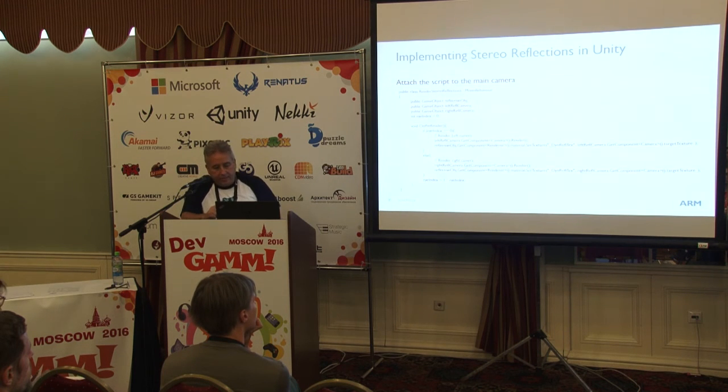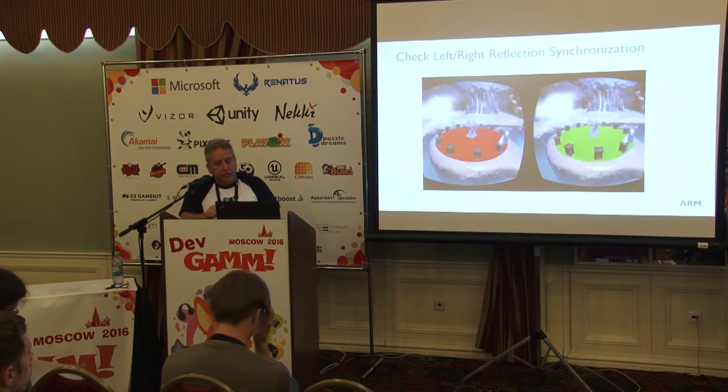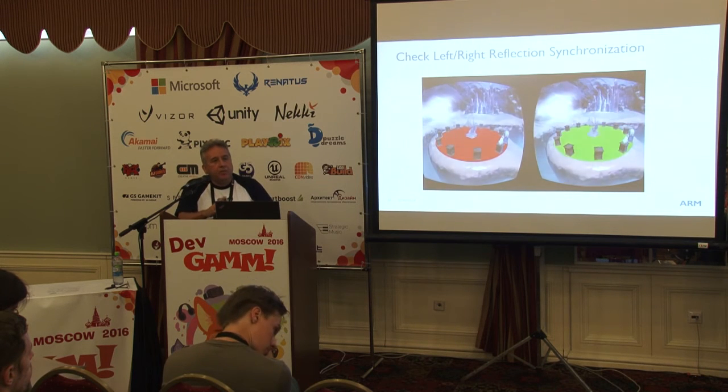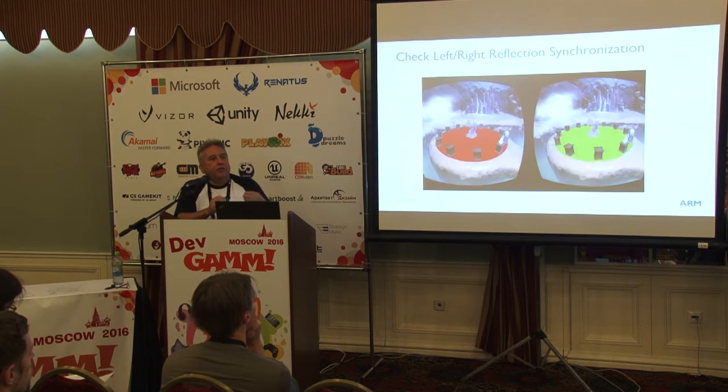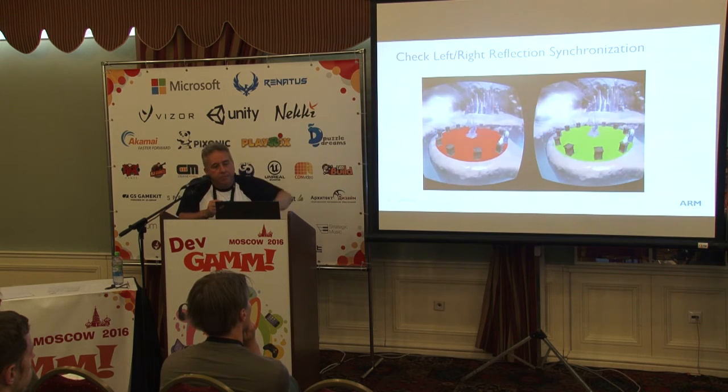I will show you here, when I was developing this method, I needed to know if I was in sync, if the rendering of the reflection cameras was synchronized with the main camera rendering for the left eye, and then for the right eye.